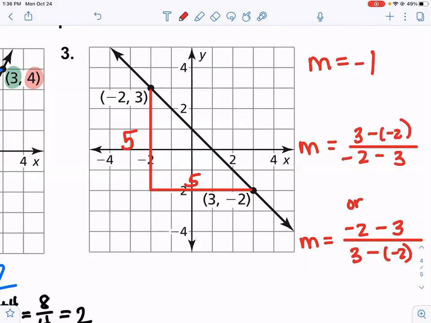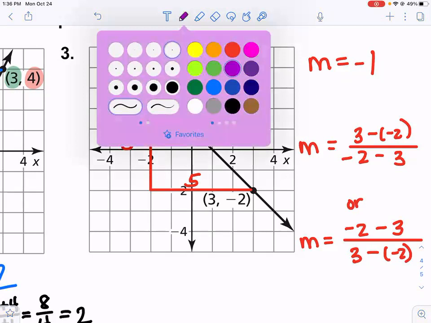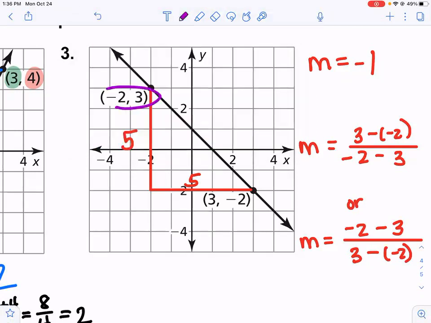Here I take this coordinate first. Guess what? It doesn't matter because we still get -1 either way. You just need to make sure that if you choose this 3 first to start with, then you choose this -2 first to start with for your x's. Do you see what I'm saying there?